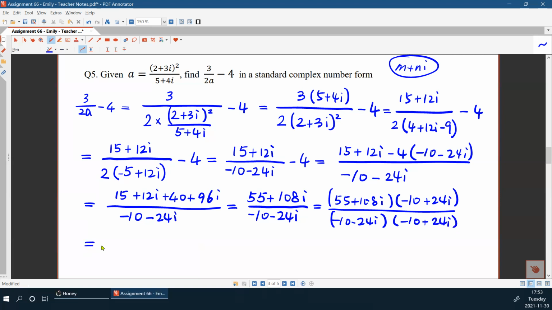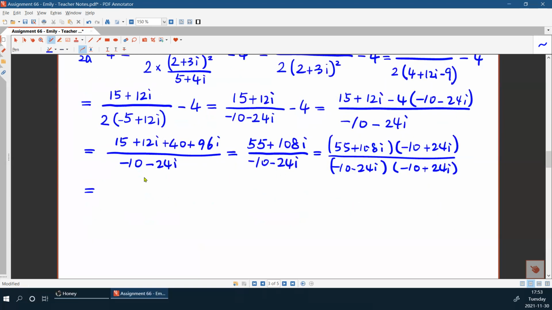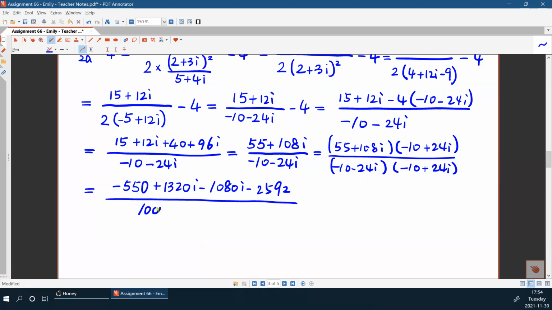Okay, now let's expand the numerator and denominator respectively. So the numerator is -550 plus 1320i, then -1080i minus 2592 over the denominator, which is a squared minus b squared, which is 100 plus 576.